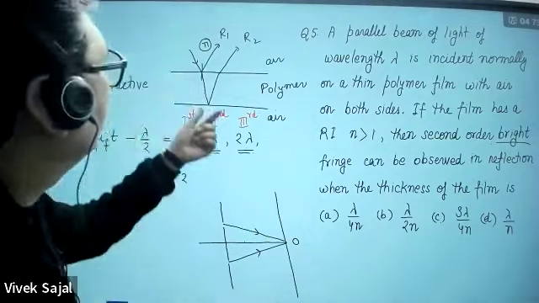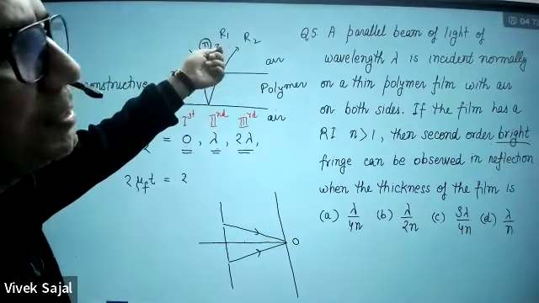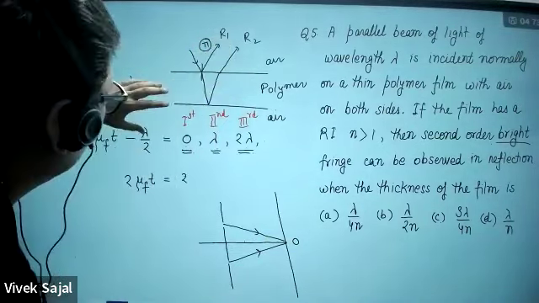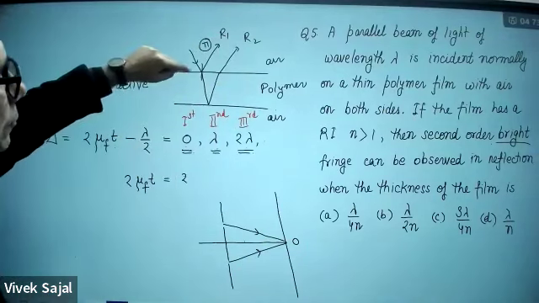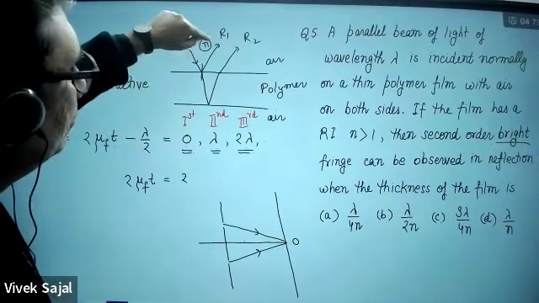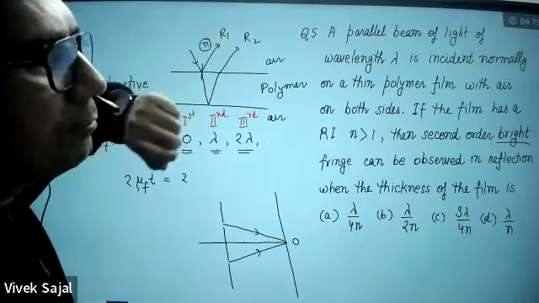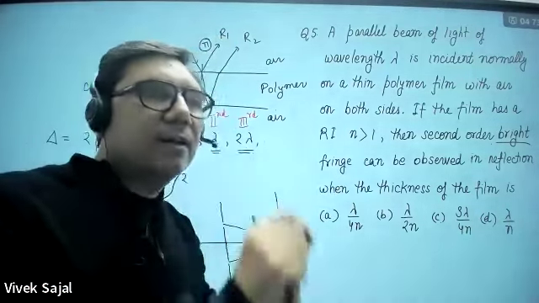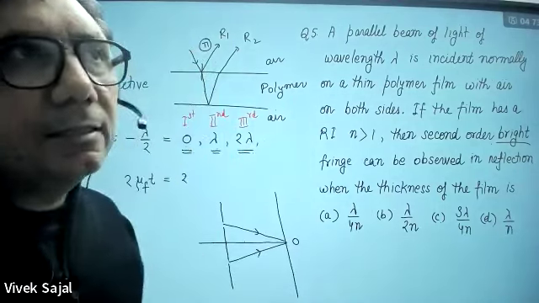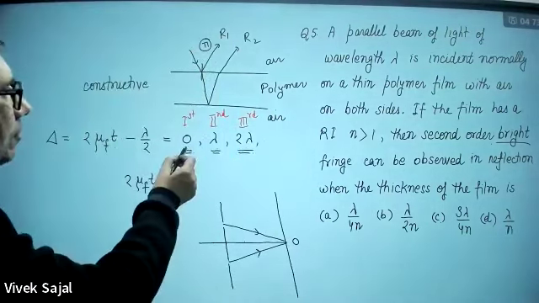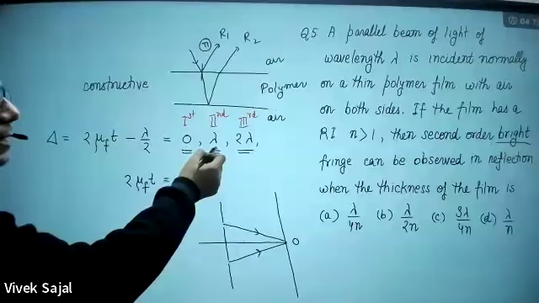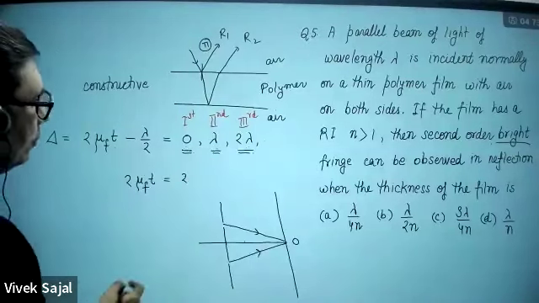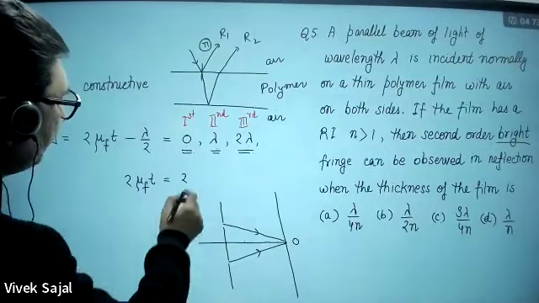Okay, here path difference is becoming 0, but not due to the path traveled, that is due to the reflection. They are not traveling exactly equal paths, but due to reflection, an extra phase of pi is there. That's why this will be the first one, this will be the second, this will be the third. So here it will be lambda.